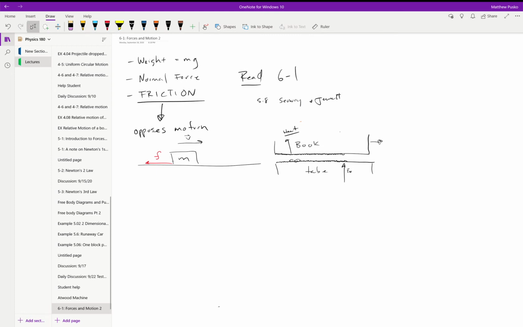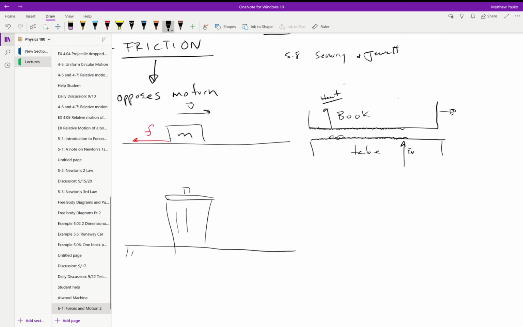So let's talk about a couple scenarios real quick. Let's say we've got this trash can or something sitting on the ground, a horizontal surface, and it's got some friction on the bottom of it.